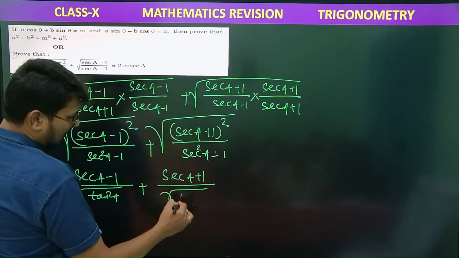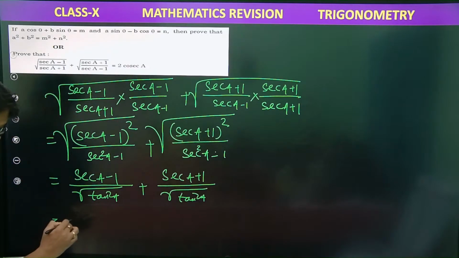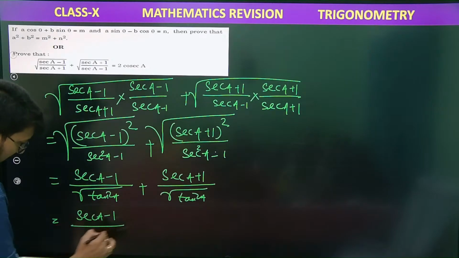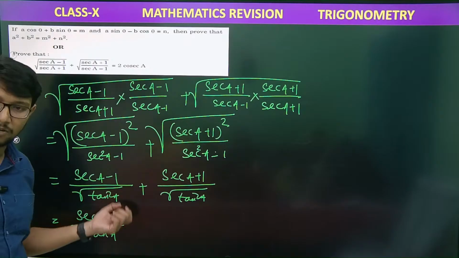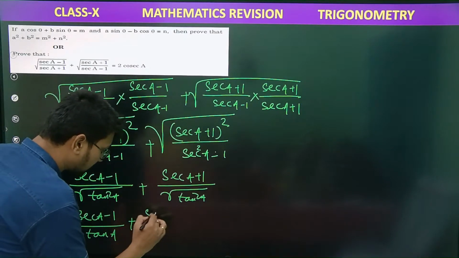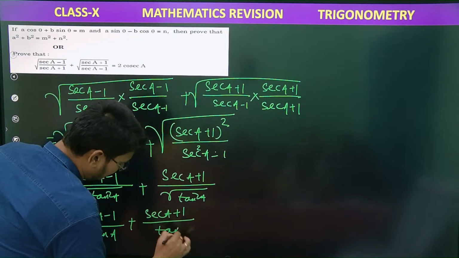Square root of tan square a. Done everyone. Now check. Sec a minus 1 divided by tan a, plus sec a plus 1 by tan a, since square root of tan square a is tan a.